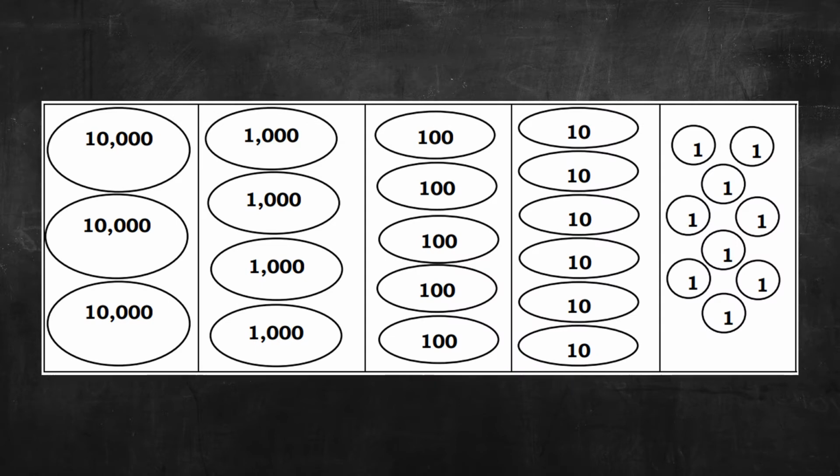One way to visualize how big a number is, is by using representation of number disks. Look at this example. There are 3 10,000s, 4 1,000s, 5 100s, 6 10s, and 9 1s.